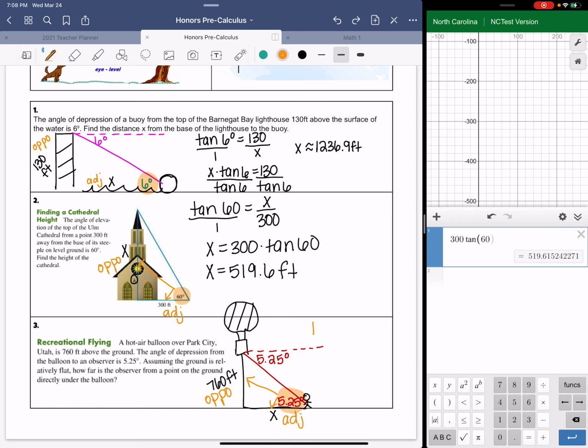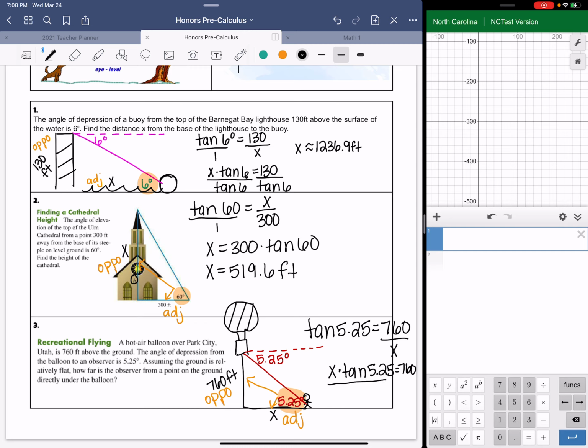So we have tangent of 5.25 degrees equals 760 over x. All right, so I'm going to cross multiply. So we have x times the tangent of 5.25 equals 760. And then we're going to divide by the tangent of 5.25 on both sides.